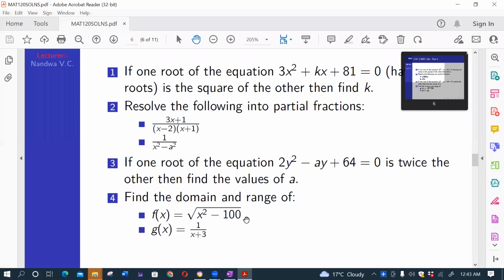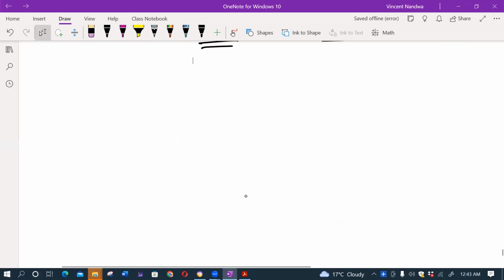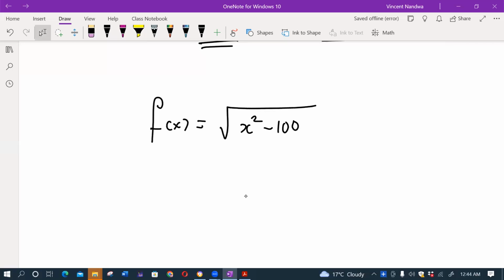Lastly, find the domain and range of the following functions. The first function is f of x equals the square root of x squared minus 100. So to determine the domain, we note that this being a square root function, we expect the number inside the square root to be non-negative. So it should be greater than or equal to 0, which means x squared should be greater than or equal to 100.